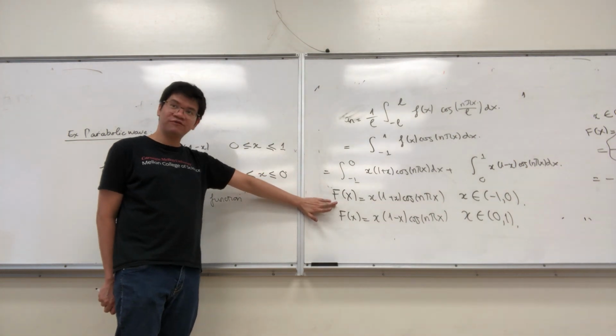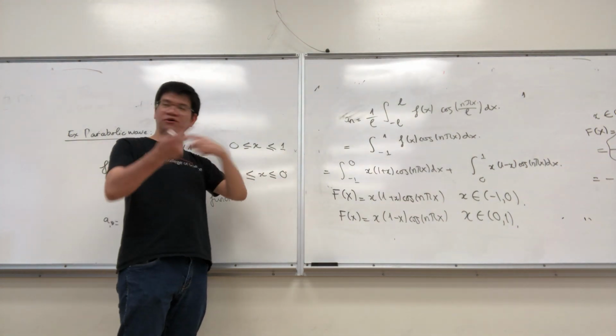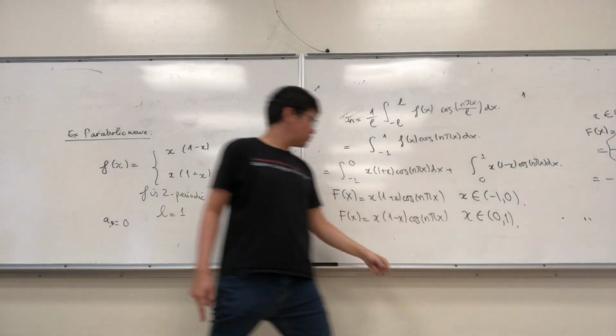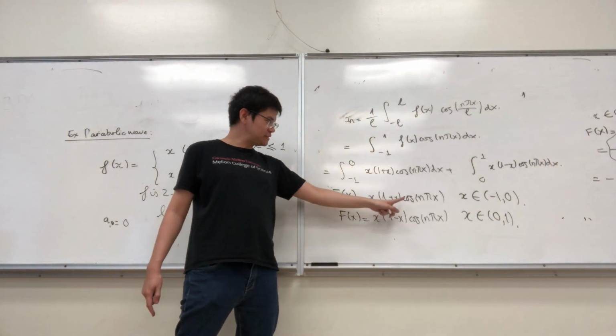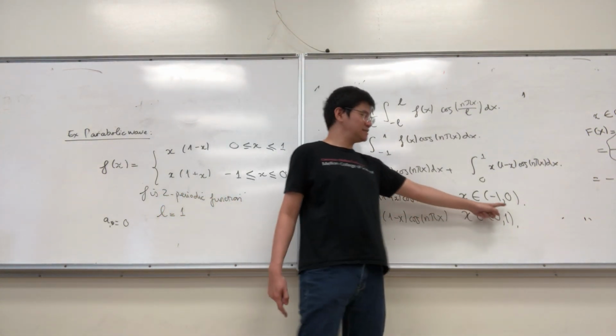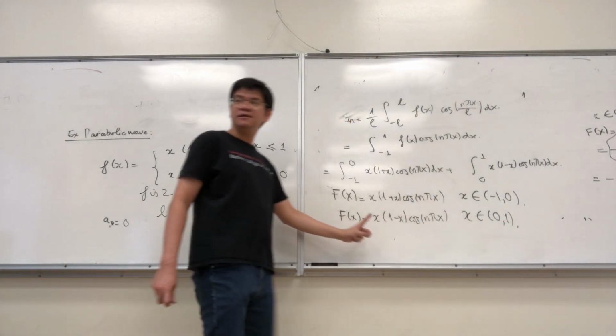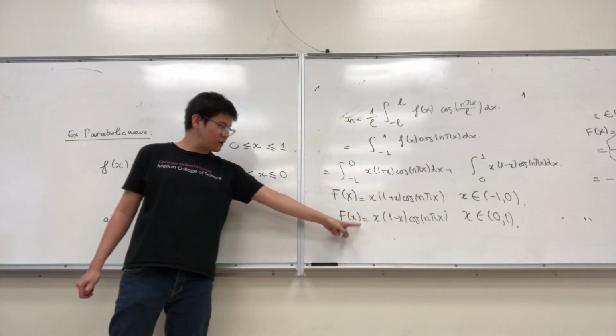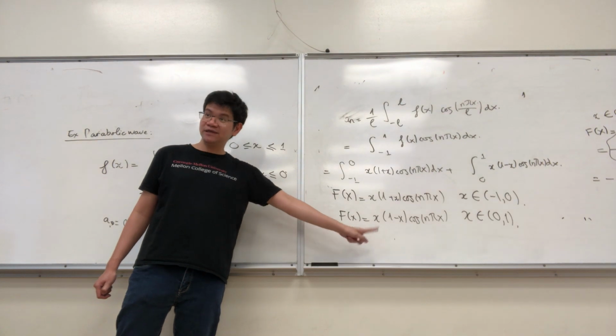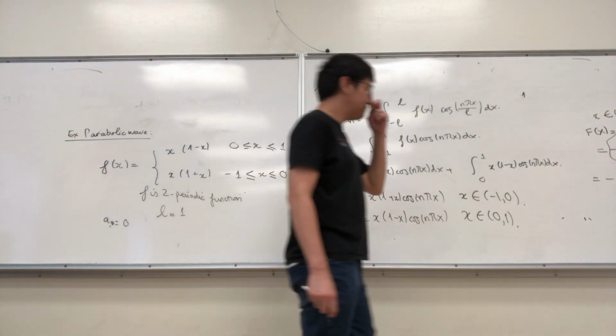I'm going to consider one function which is a combination of the two functions that I have here. So the function will be x(1 + x) cosine n pi x when x is negative, and this function will be x(1 - x) cosine of n pi x when x is positive.